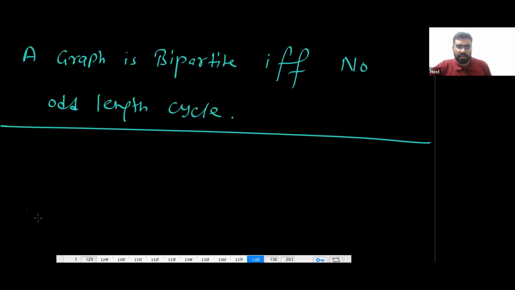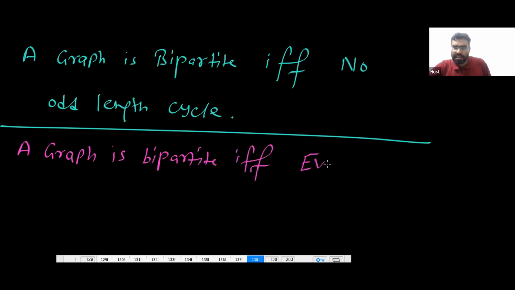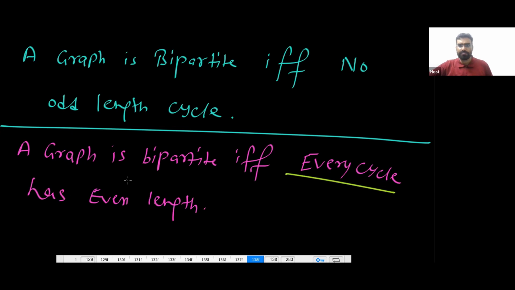Another statement: the graph is bipartite if and only if every cycle has even length. The same statement I can write like this. A graph is bipartite if and only if every cycle has even length.